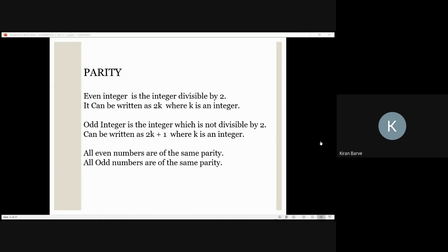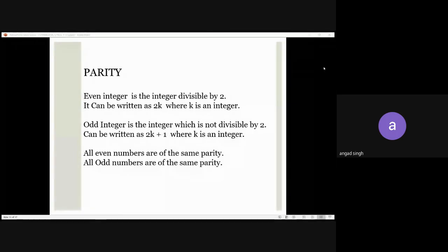So now you see, infinitely many integers are there, and in how many boxes have we put them? Sir, even and odd, two of them. From infinity to 2.